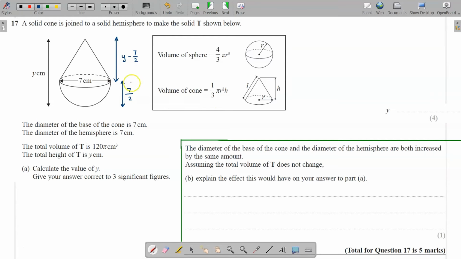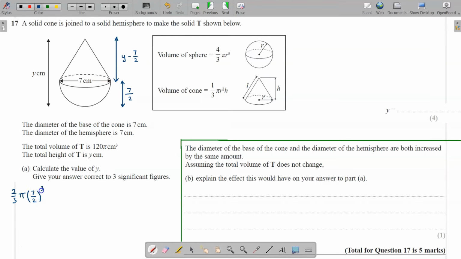Now we're going to use these formulae to write an expression for the volume of the whole shape. It's half of a sphere, so it's 2/3 of pi times the radius cubed, 7/2 cubed.